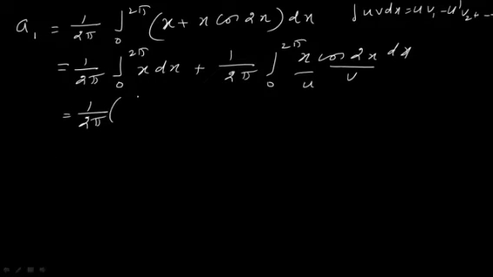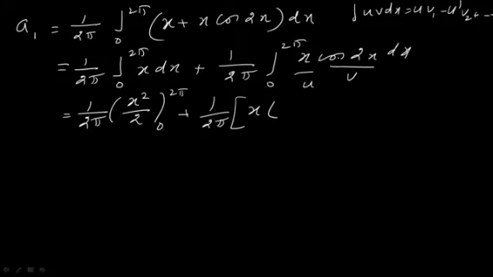While you integrating x, you get x square divided by 2 with the limit from 0 to 2 pi plus 1 by 2 pi of applying the Bernoulli's formula, that is u v1. U is nothing but x. v1 is integrating cos 2x, you get sin 2x divided by 2. Am I right? Sin 2x divided by 2 minus u dash v2.